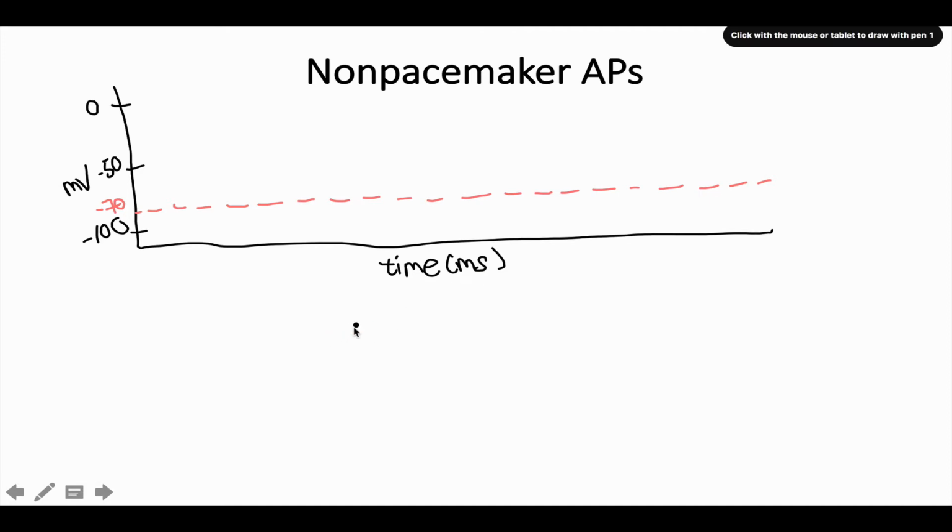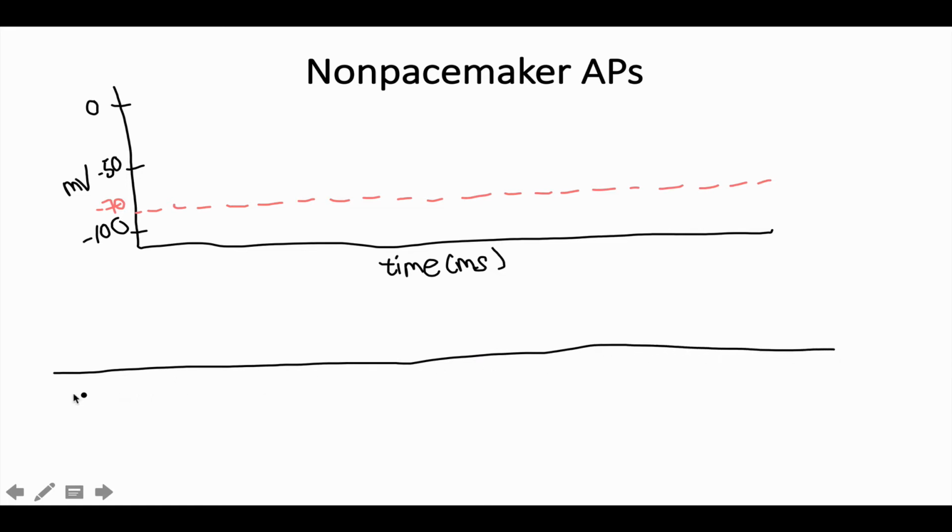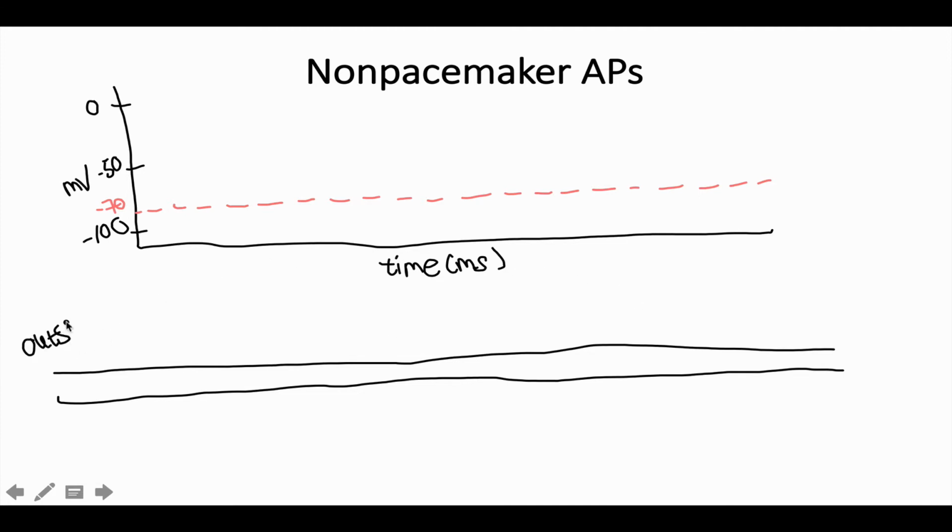Okay. So down here, we can track what is going on in the cell itself through time. This is the cell membrane that I'm drawing. This is a phospholipid bilayer. We'll say that this is the outside of the cell, and then this can be the inside.